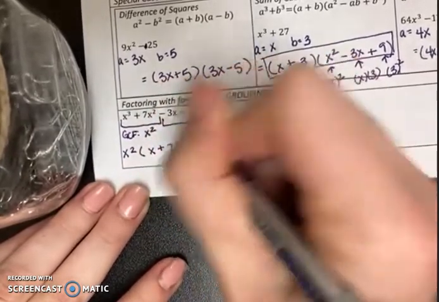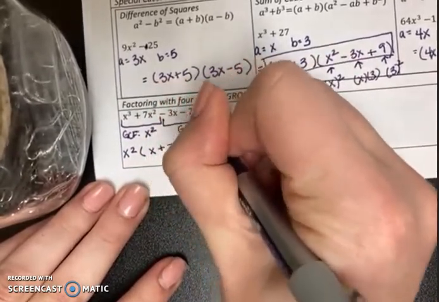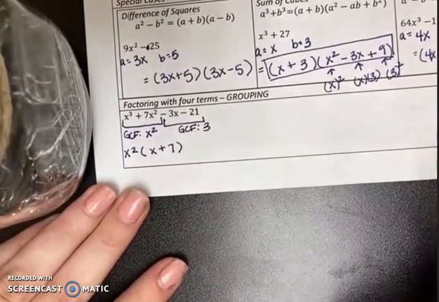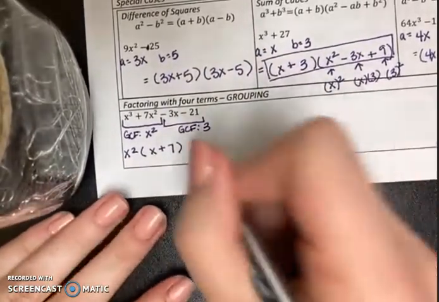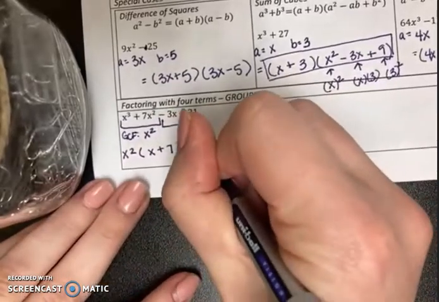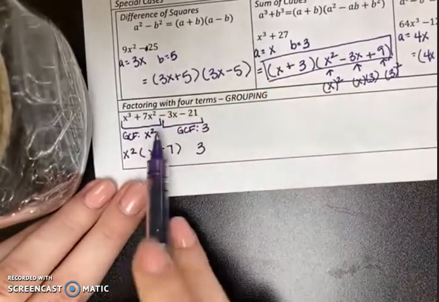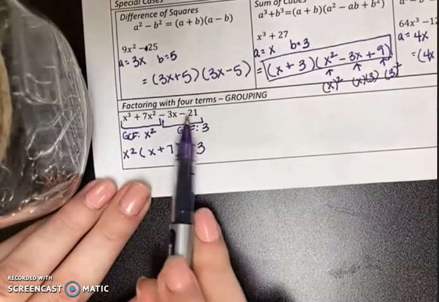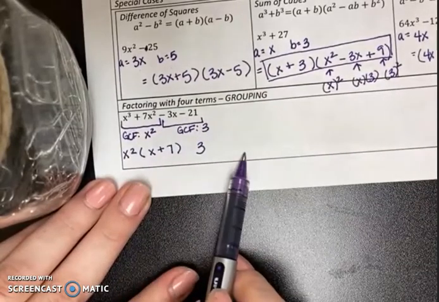The last 2 terms, the GCF is 3 because they're both divisible by 3. Now notice how if I were to pull out a positive 3, what would remain is a negative x minus 7.